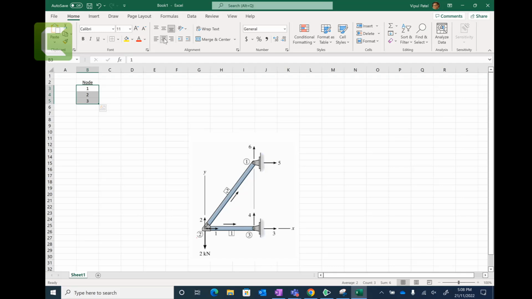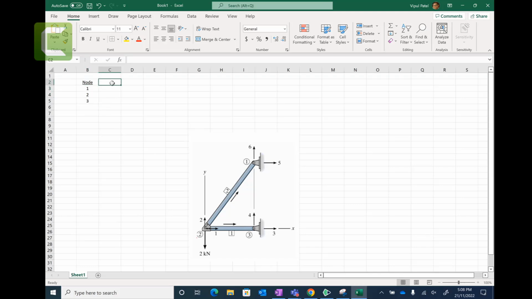All right, write down nodes and put 1, 2, and 3. Second, we can put the X coordinate and Y coordinate of your node.